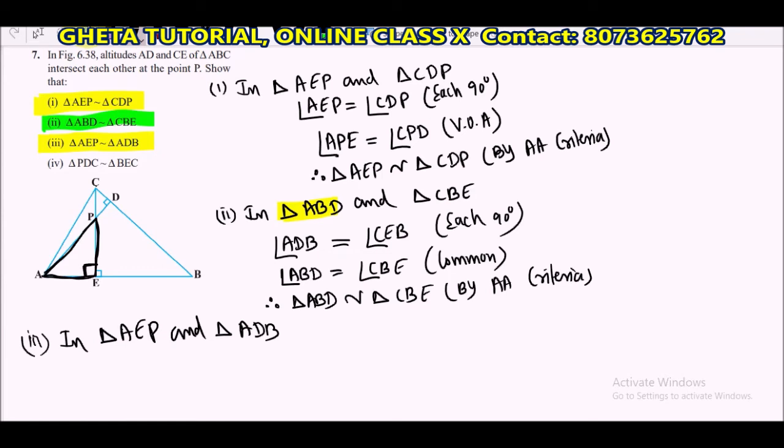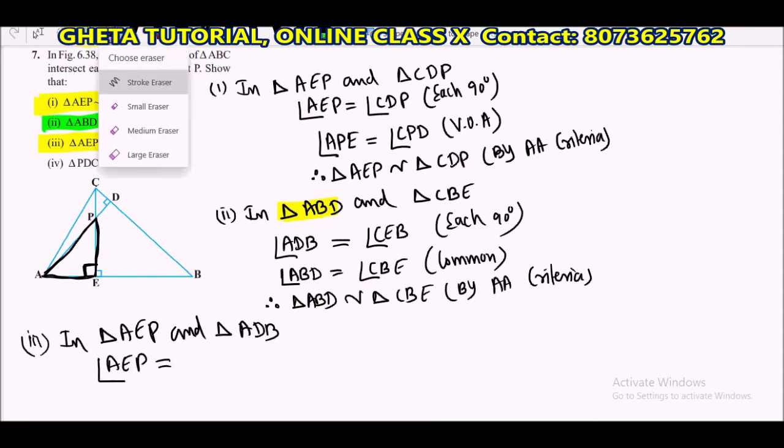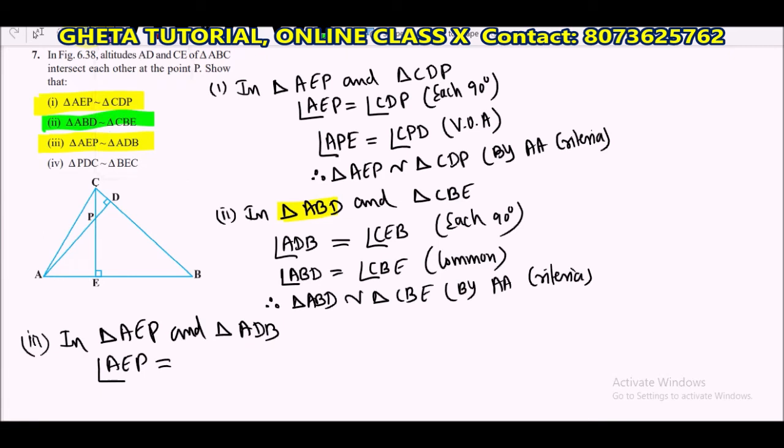Angle E is 90 degrees. So angle AEP is equal to 90 degrees. Now in the triangle ADB, which angle is 90 degrees? Angle D, angle ADB, yes. So each is 90 degrees: angle AEP and angle ADB. Now find one more angle here.